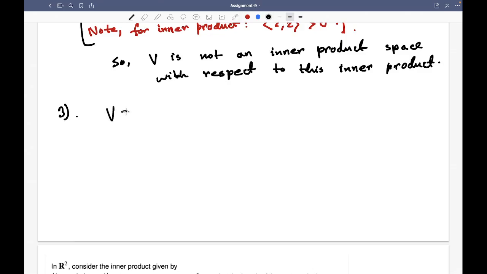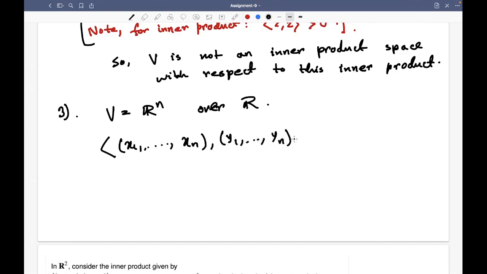The vector space is Rn over R, and how is the inner product defined? (x1, ..., xn) with (y1, ..., yn) is x1 yn plus x2 y(n-1) plus dot dot dot plus xn y1, right? So you have to check whether this is an inner product or not.